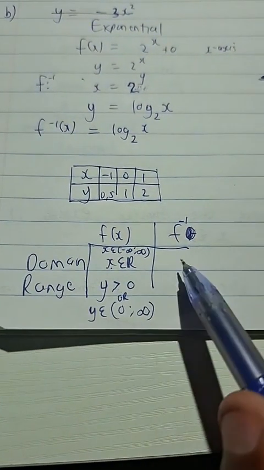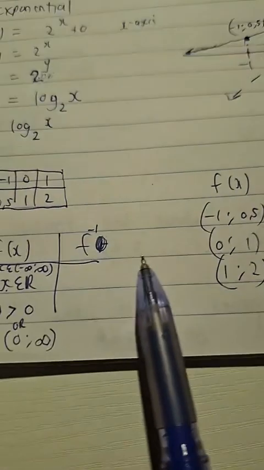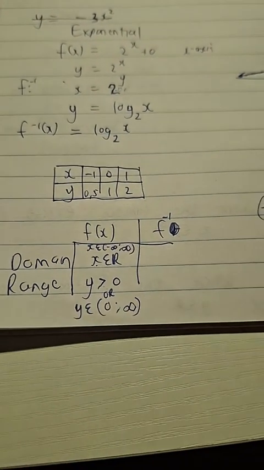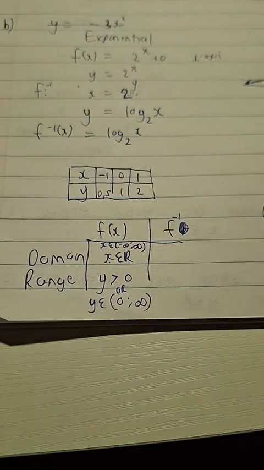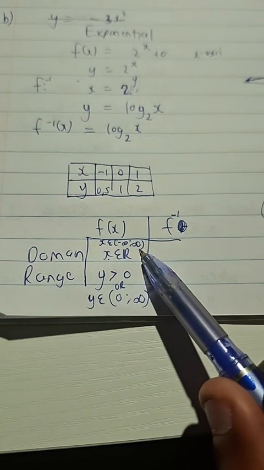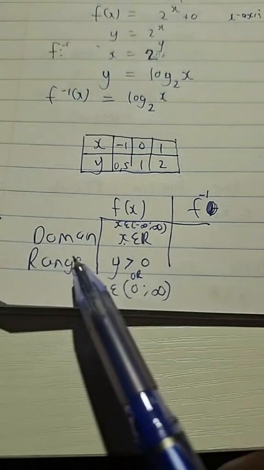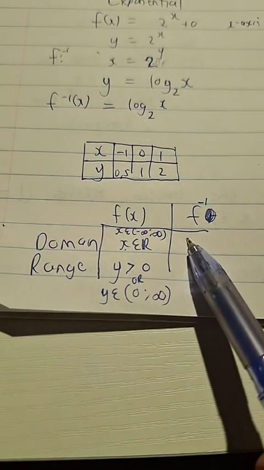Now, when we're writing the domain of the inverse of the function, guys, remember I said we just swap here. So the domain, if the domain is x is an element of R, now here's the thing, guys, the range becomes the domain.